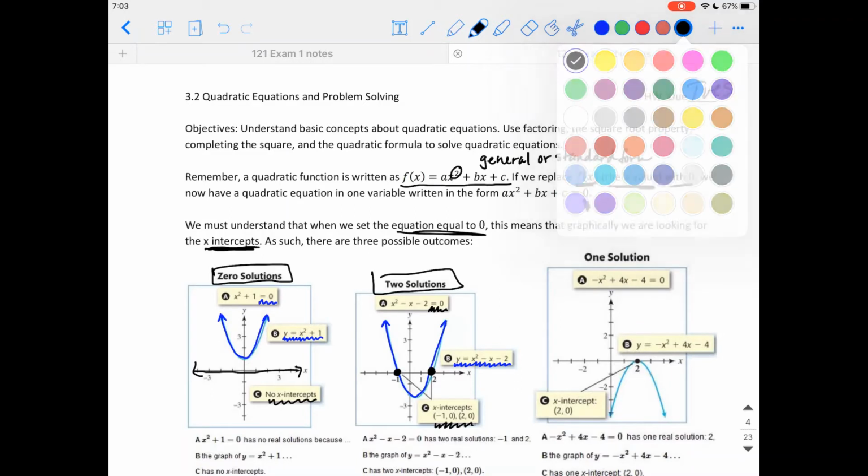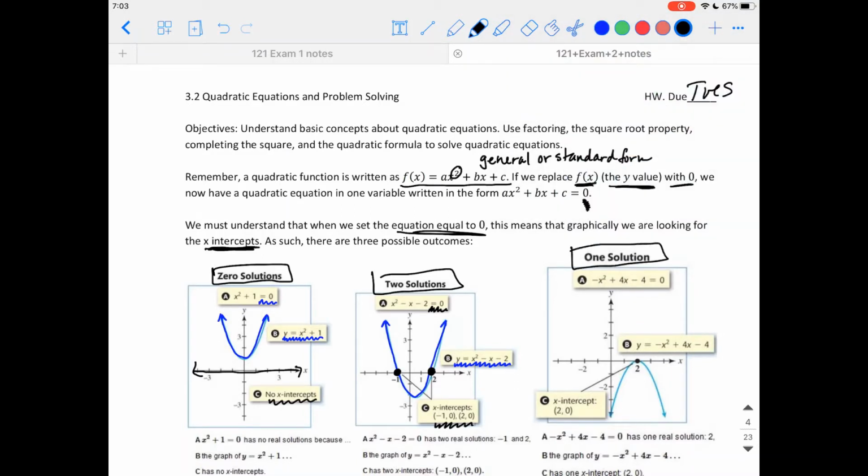And the other possibility is that you just have one solution. For this graph, if you were to put in your graphing utility y is equal to negative x squared plus 4x minus 4, you would get this graph in blue.